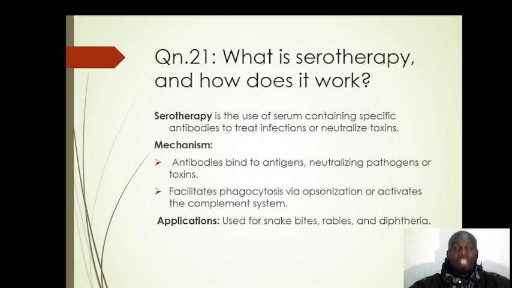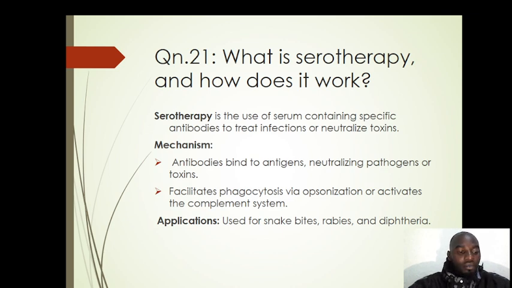The first question is question 21: what is cell therapy and how does it work? By definition, cell therapy is the use of serum containing specific antibodies to treat infections or neutralize toxins.